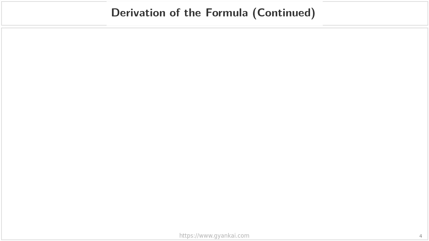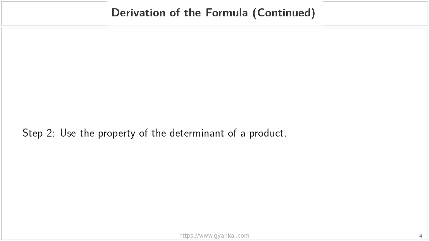Derivation of the formula, continued. Now that we have taken the determinant of both sides in the previous step, let's move on to step 2 of our derivation. To simplify the left side of our equation, we need to use a very important property of determinants. The determinant of a product of two square matrices is equal to the product of their individual determinants.